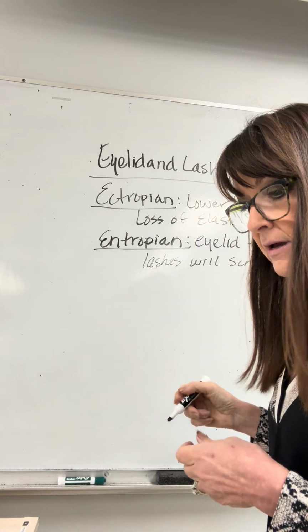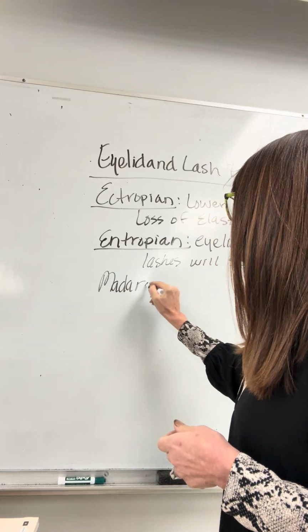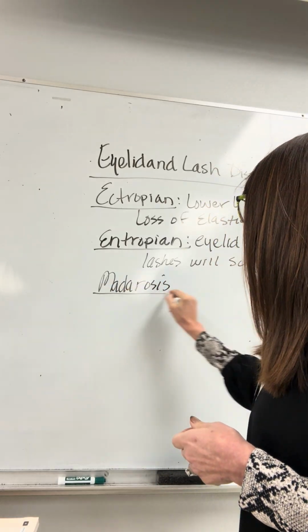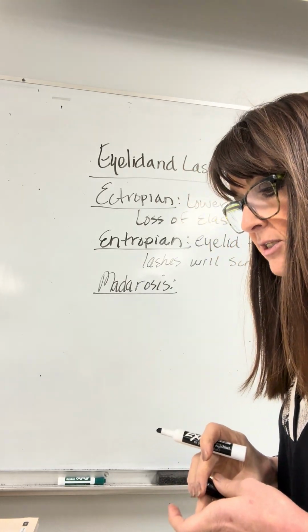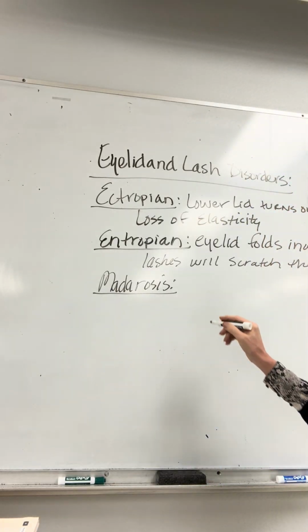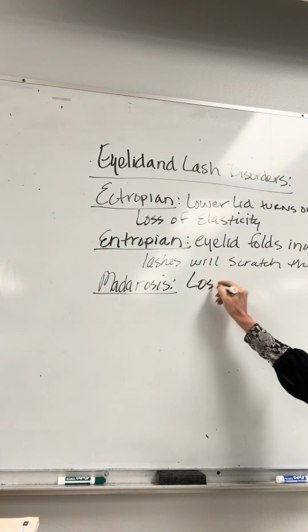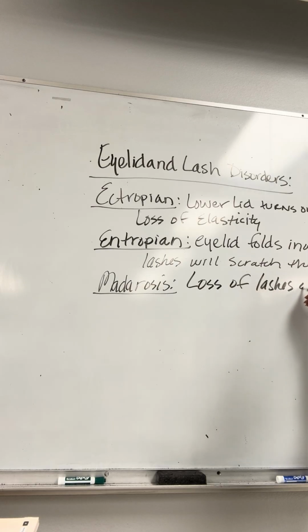Then we have madarosis. Okay, madarosis is loss of eyelashes or eyebrows on one or both sides of the face. So this is a loss of lashes or brows.